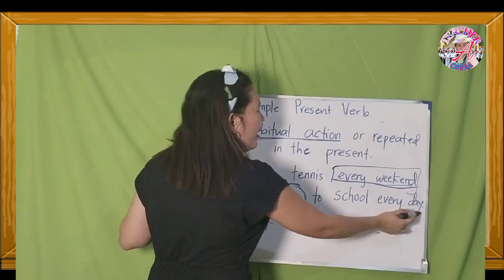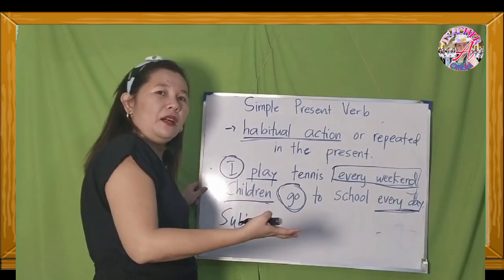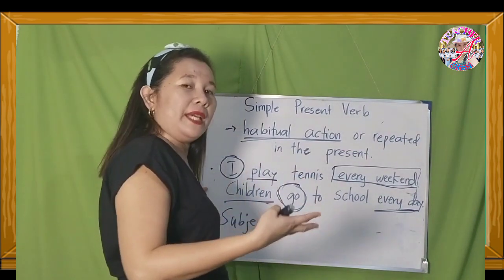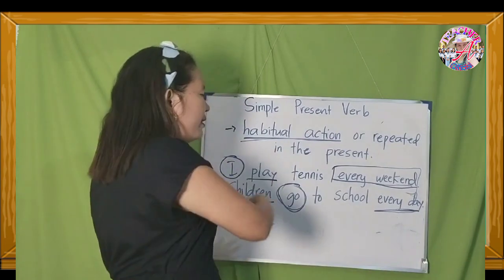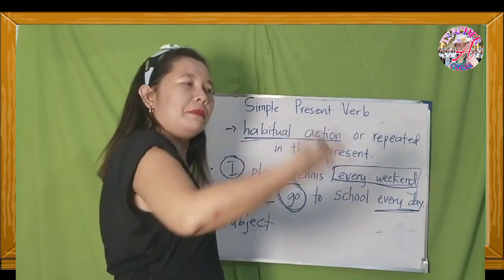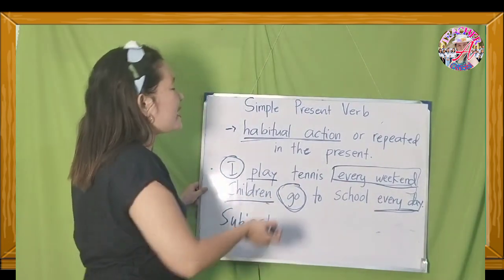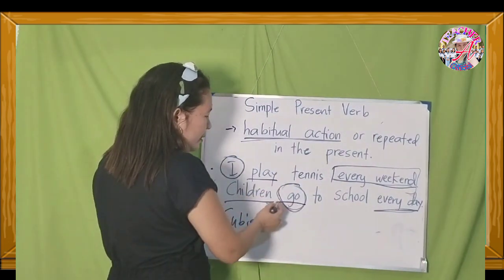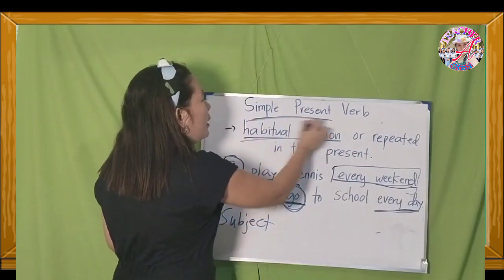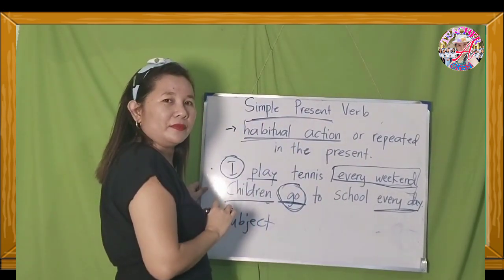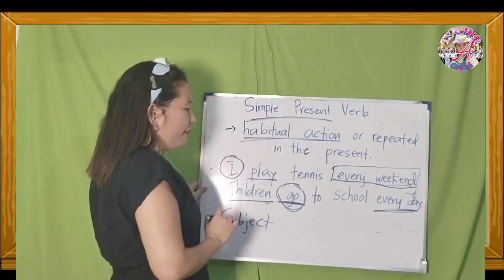Go to school every day. It's a habit. Okay? The action takes place regularly because children go to school every day. So it's repeated. Repeat and repeat. In this case, the tense of the verb is simple present. That's the tense of the verb.